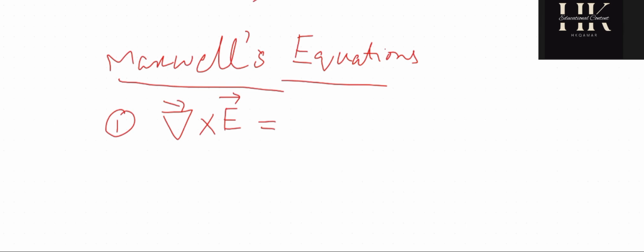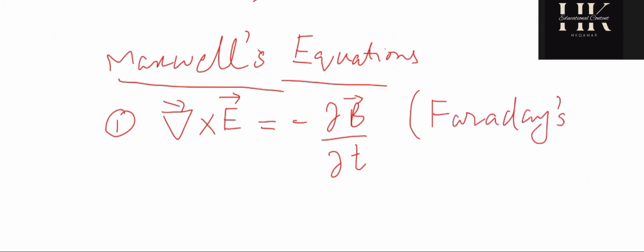Del cross E equals minus ∂B/∂t. This Maxwell's equation is known as Faraday's law. This equation explains that a time-varying magnetic field produces an electric field.